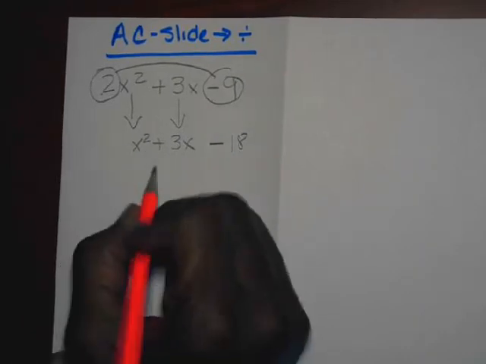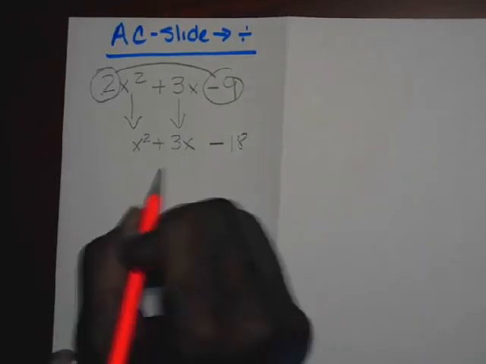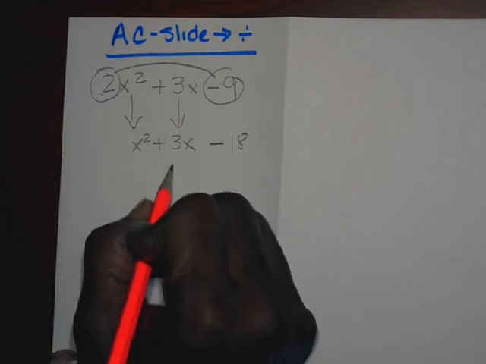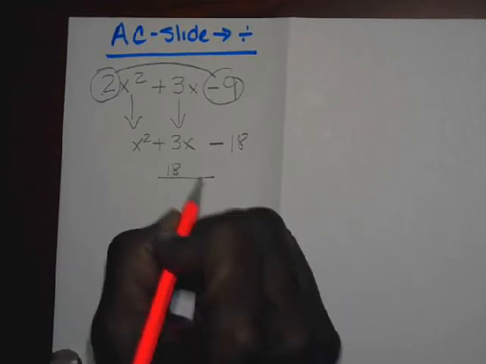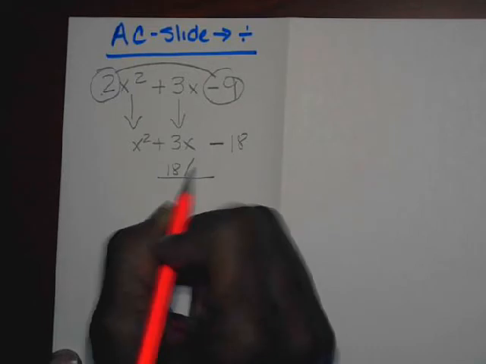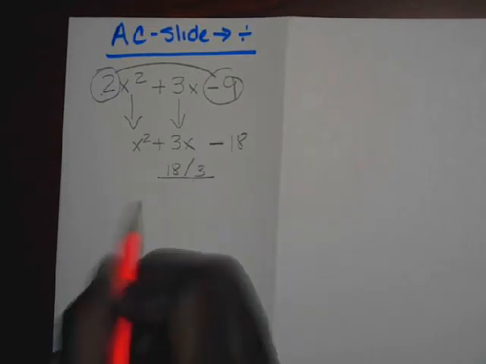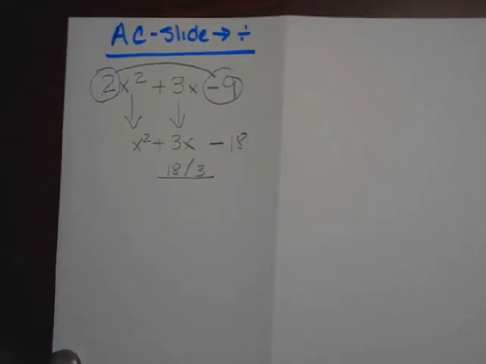All right, now I need two numbers that will multiply to give me negative 18, but when I add them, they give me 3. So I'm going to write the factors of 18.